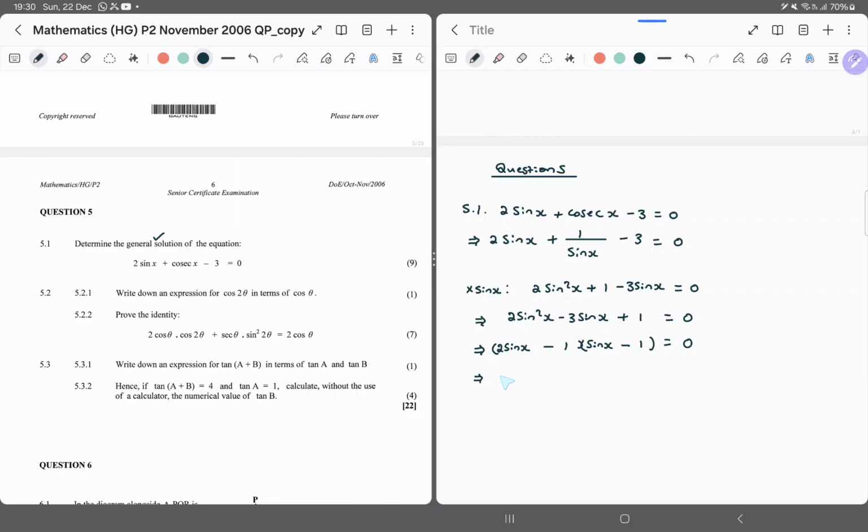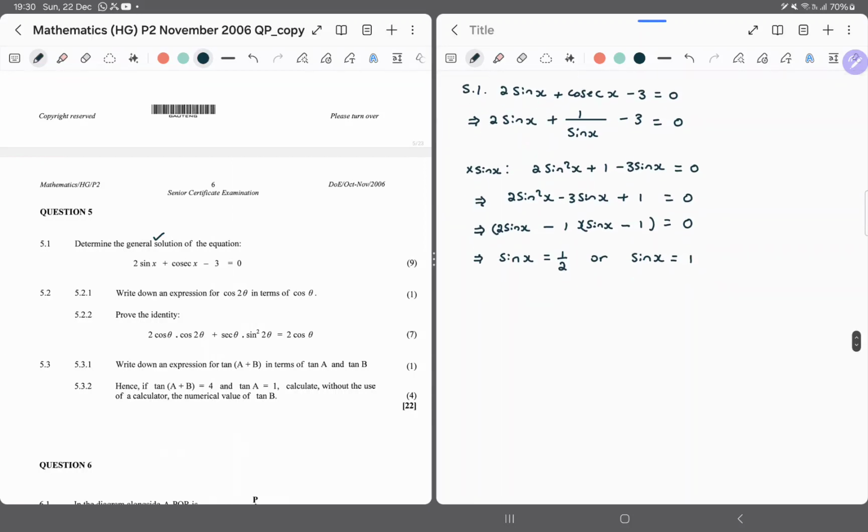We continue and say, okay, it means sine x is a half, or sine x is 1. And both these solutions are valid by knowing the original sine function.